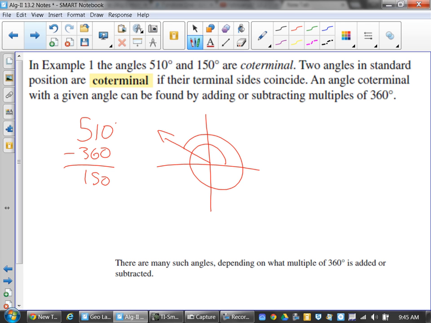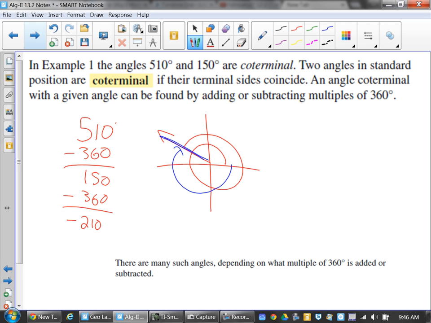If I subtract 360 again, I'm going to get a negative angle, aren't I? Which is how much? Negative 210. That just means that going the other direction, 210 degrees, it also has the exact same coterminal side. Does that make sense? You're just going both directions.